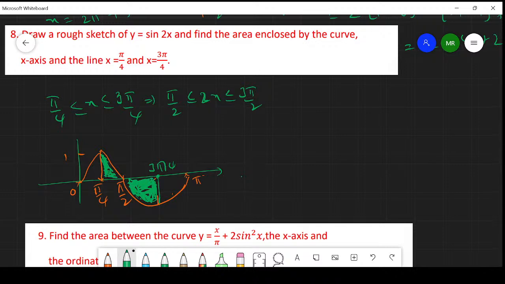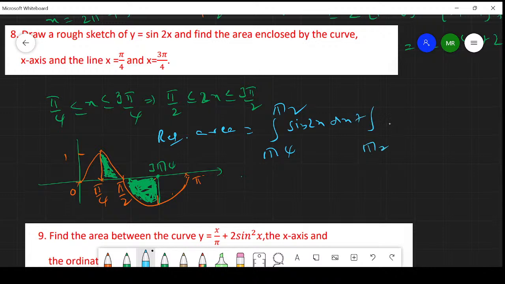Now we can write the required area is equal to, I can express now, between pi by 4 to pi by 2. This is an upper curve, that will be sine 2x dx, plus pi by 2 to 3 pi by 4.